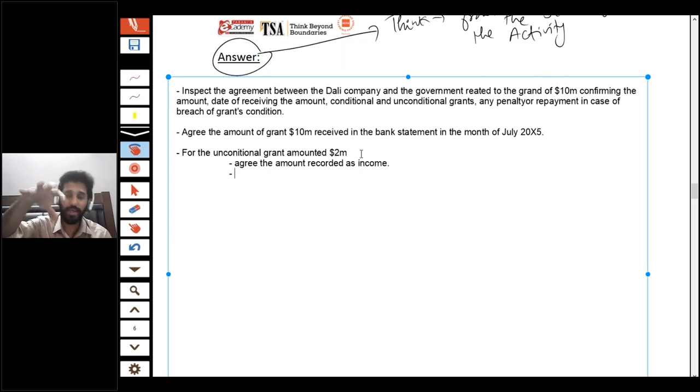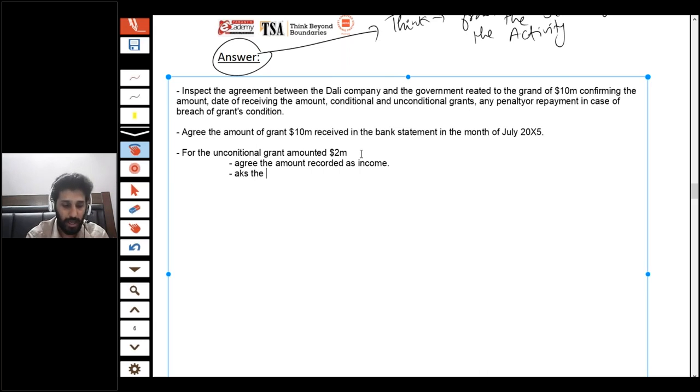So I will also be inspecting that this $2 million is being used for distributing the wages and salaries, and I will also be inspecting the bank statement of the company, in order to make sure that the amount had been transferred to the employees. So this may be the reason.